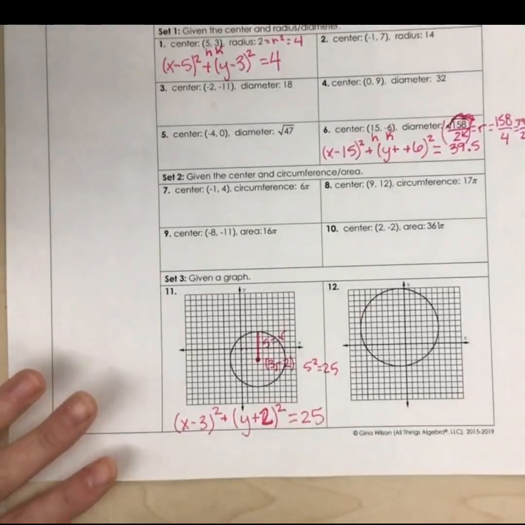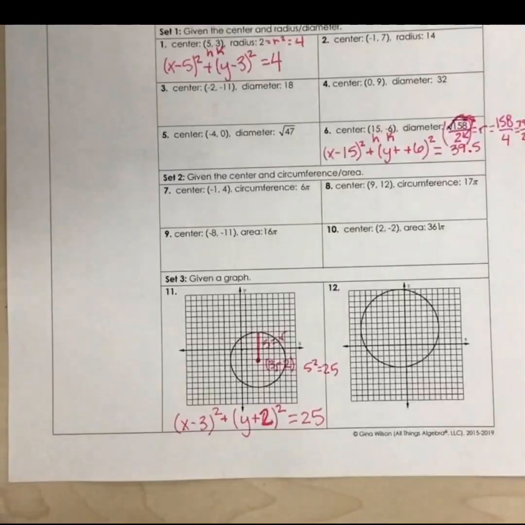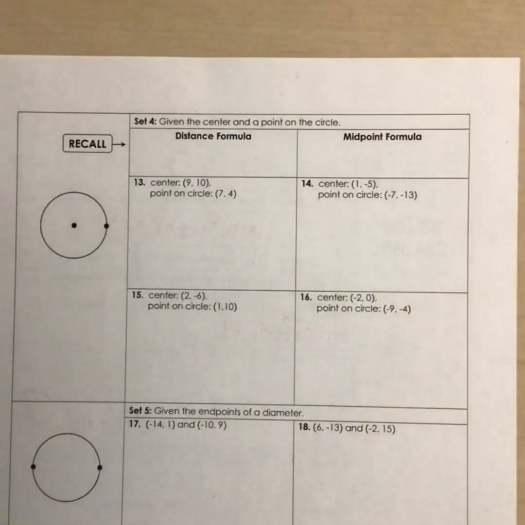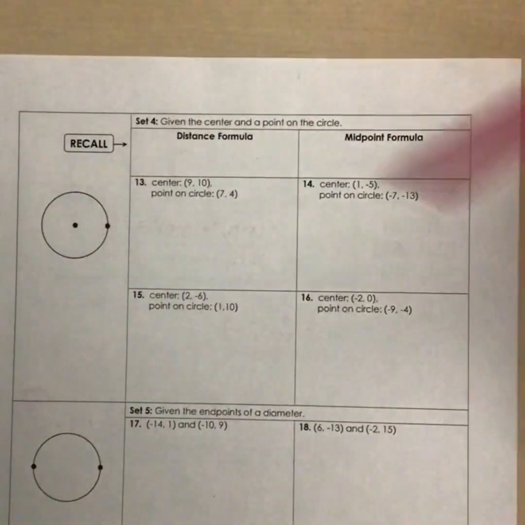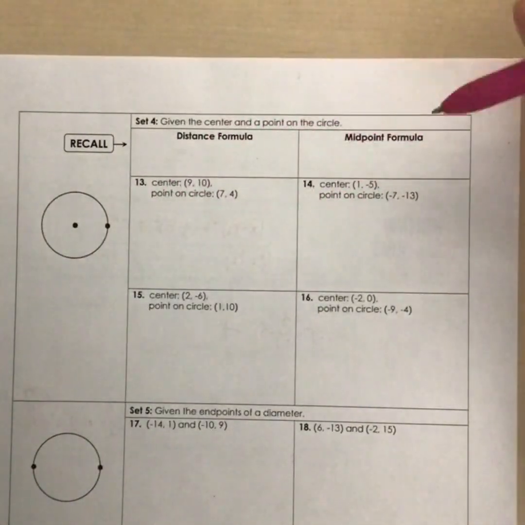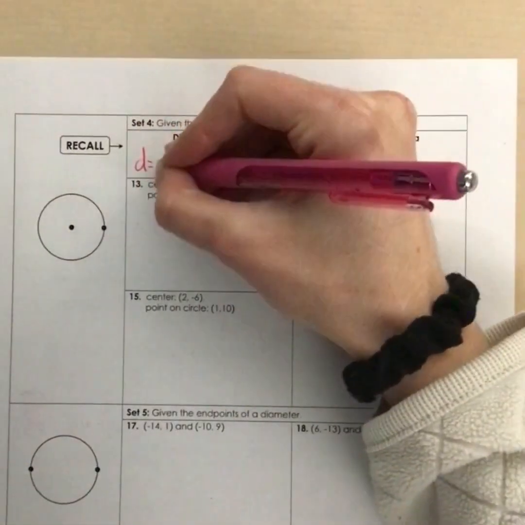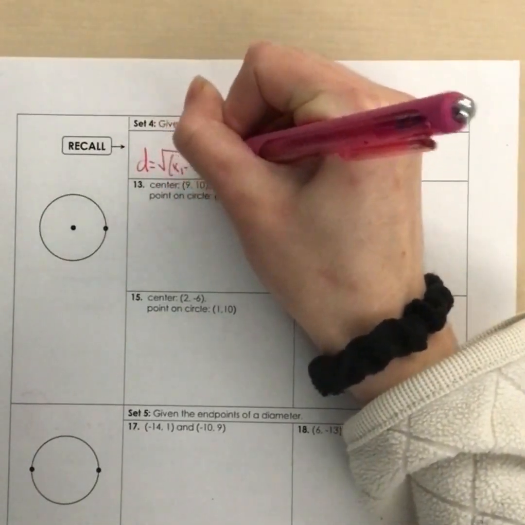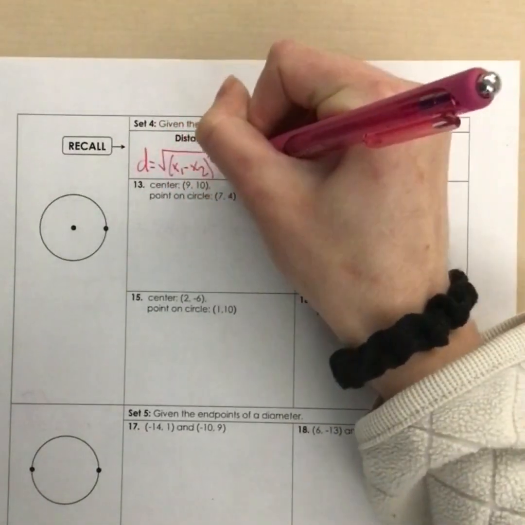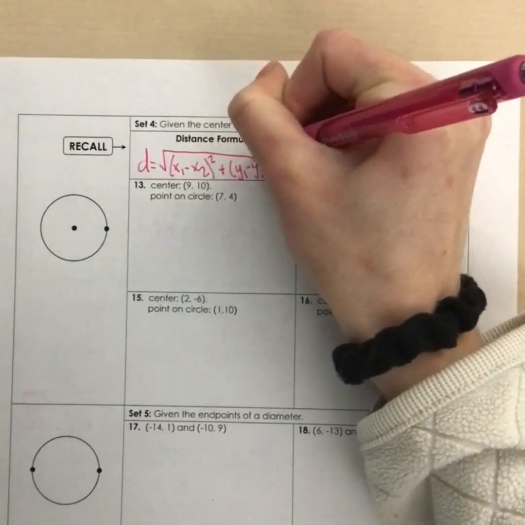So let's move on to looking at these when we use the distance formula. All right, so continuing on with these circle equations, we're going to use the distance formula and midpoint formula to figure out the equation for our circles now. So remember, distance is d equals the square root of (x1 minus x2) squared plus (y1 minus y2) squared.